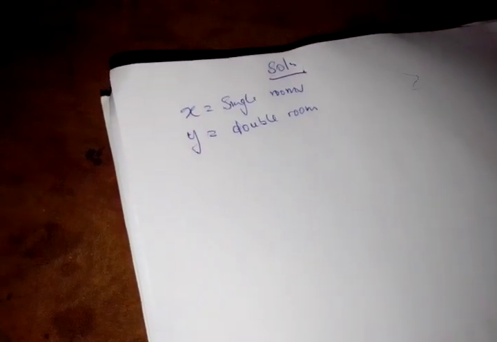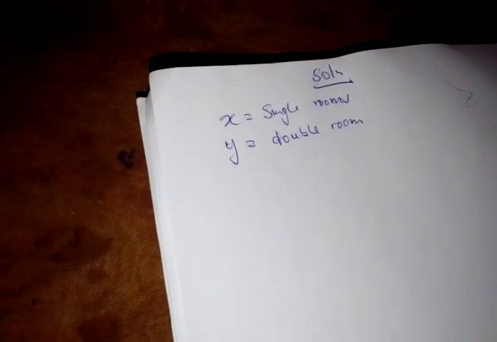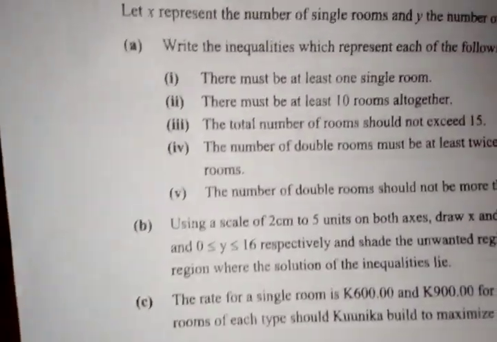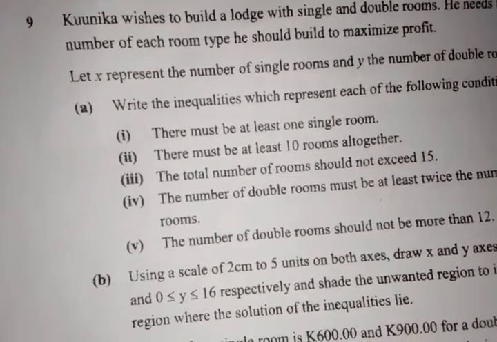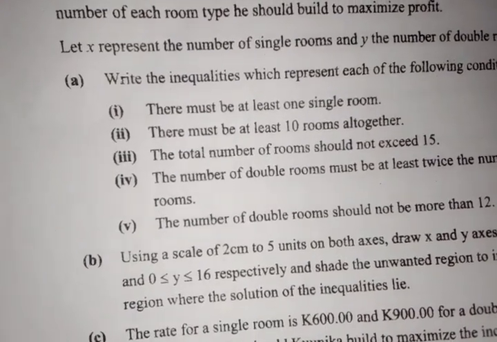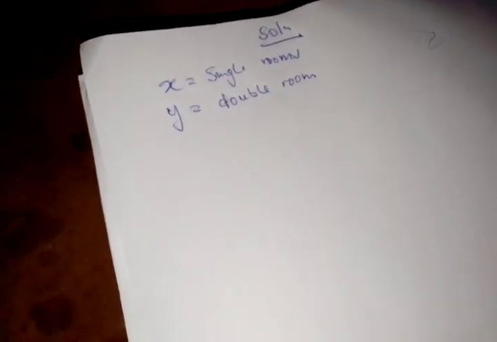So when we say there must be at least one single room, it means X should be at least 1. That's the implication there.